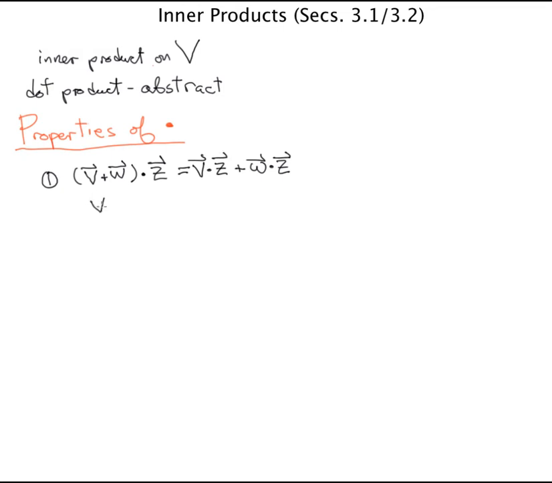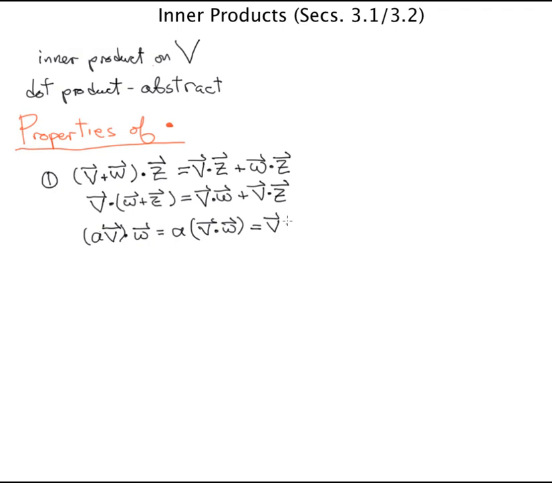And in the other order too, v dot (w plus z) is equal to v dot w plus v dot z. And also constants pull out, which is to say if you have a scalar a, and you take (a v) dot w, that's the same thing as a times (v dot w), and it works in the second coordinate also.